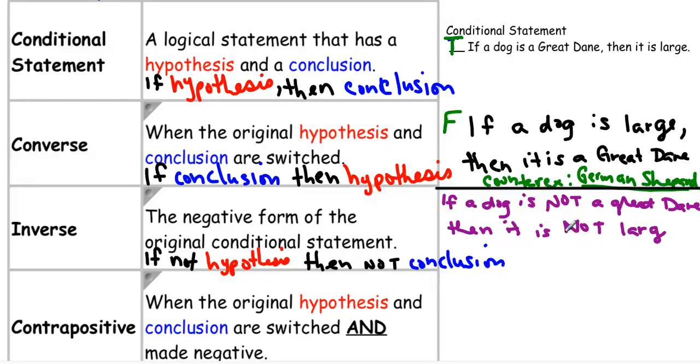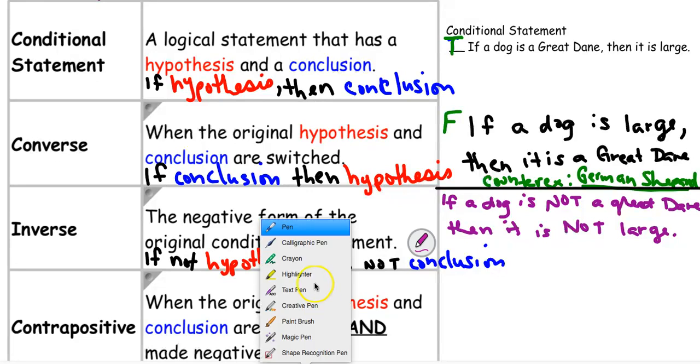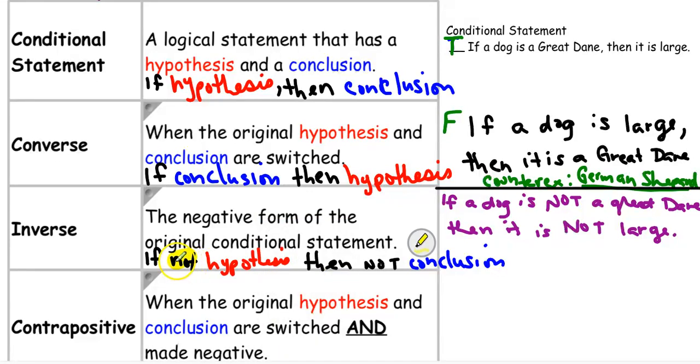So notice I didn't change the order in this case. We still have Great Dane first, large second. Hypothesis to conclusion, what changes are these not statements. So we have the not in front of both that go into our conditional statement.